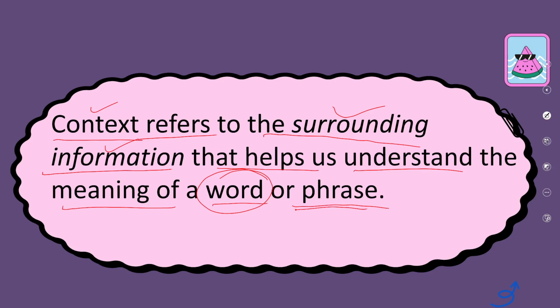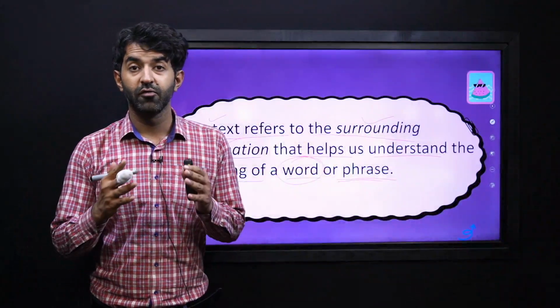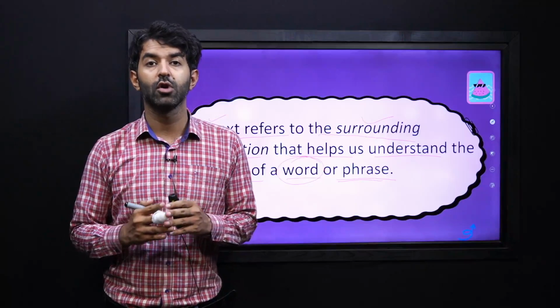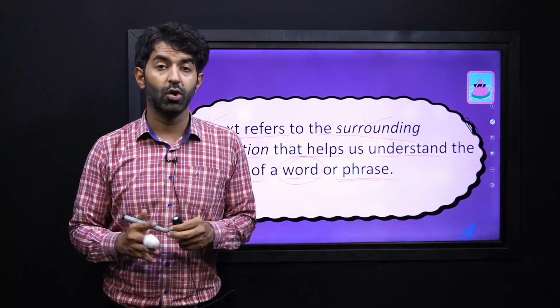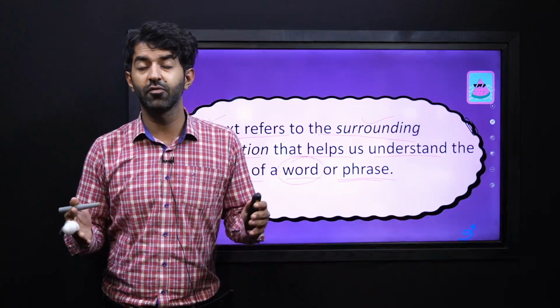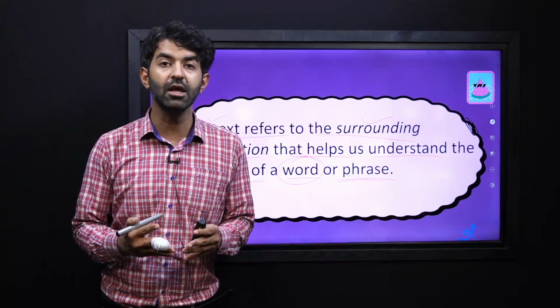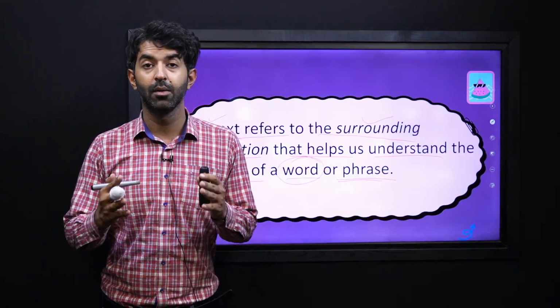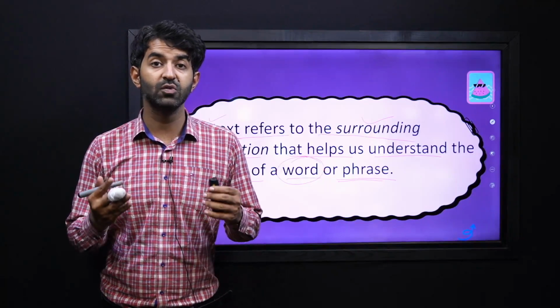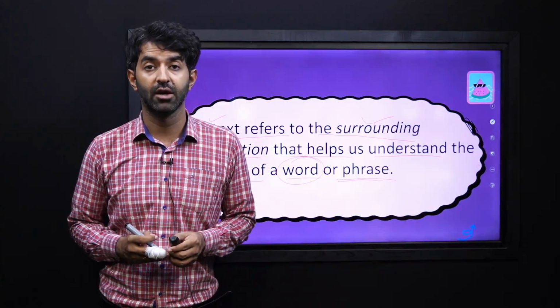So when you are finding out about such unfamiliar words, all you need to do is look at the surroundings, look at the environment of the whole text, how different sentences and different words clear out the meaning and explanation of that specific word or phrase under discussion.